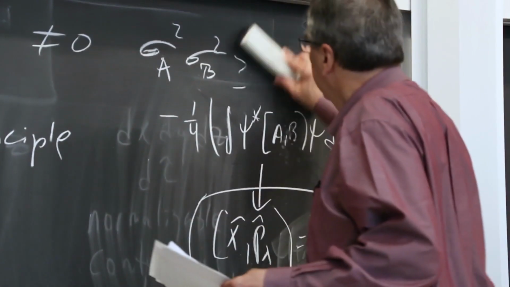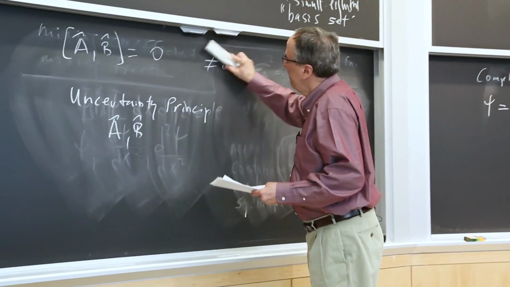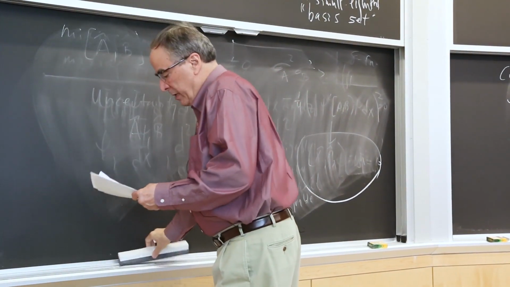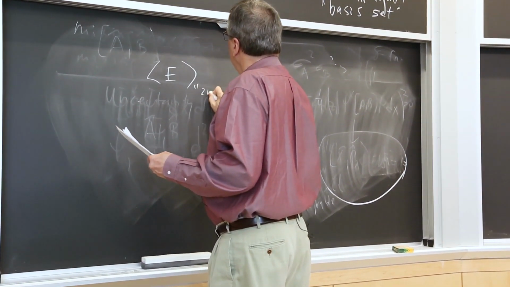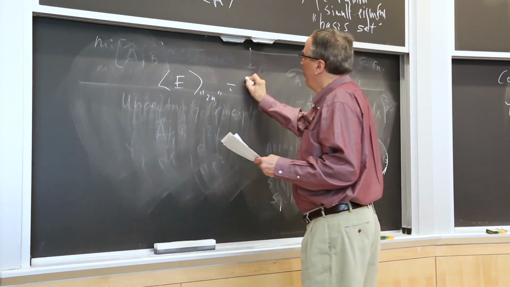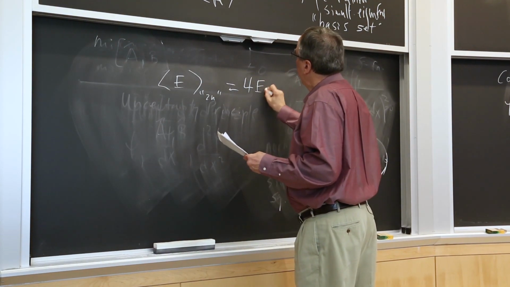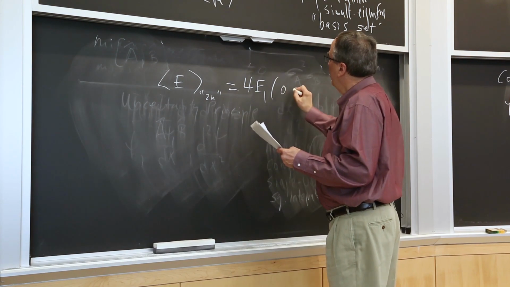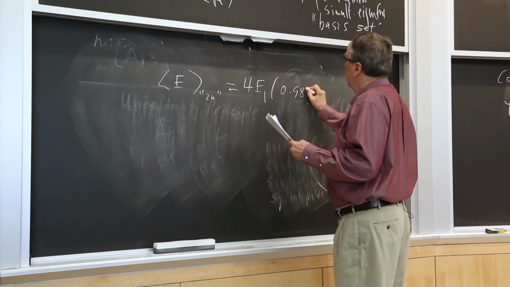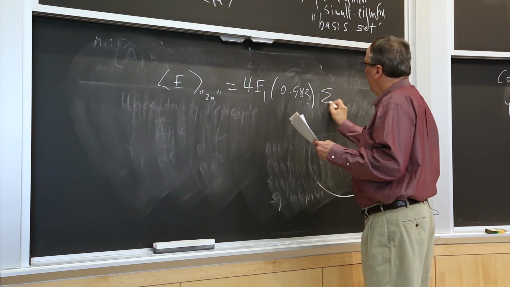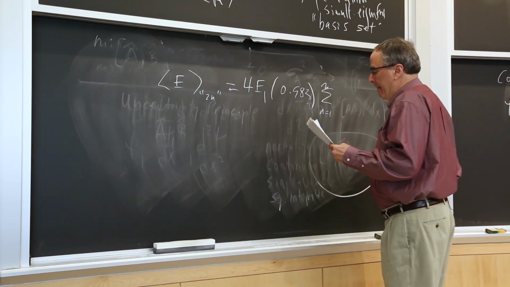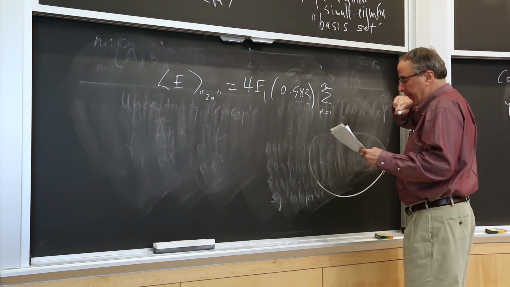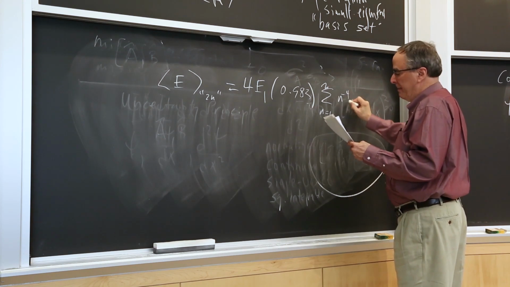So when we calculate the energy using these functions, we get that the energy of this psi 2 function is equal to 4E1 times 0.983, times the sum from n equals 1 to infinity of n to the minus 4.